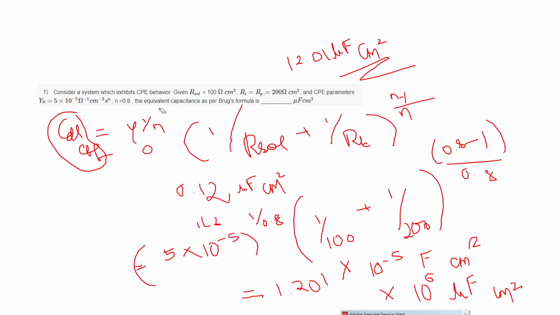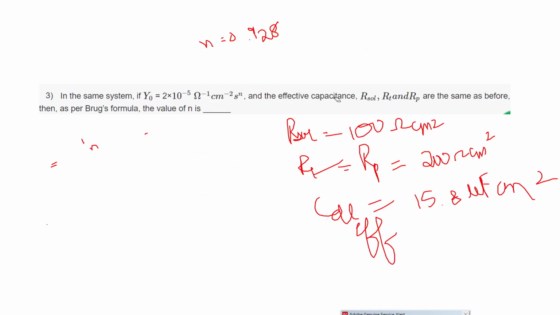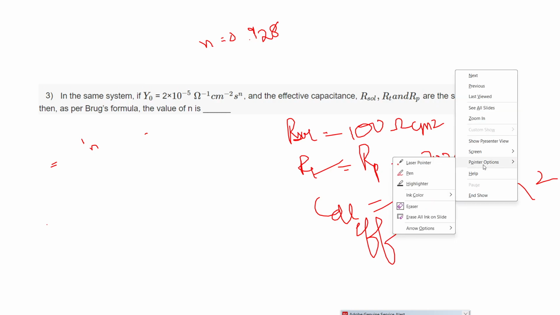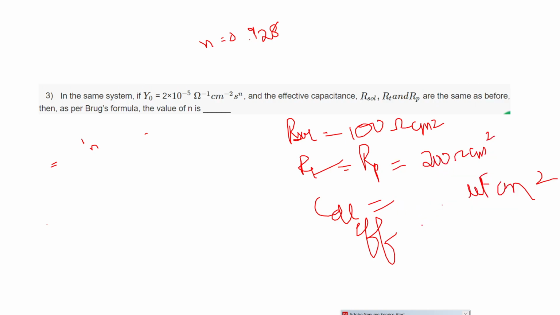And here the effective CDL value is 1.201 into 10 to the power minus 5. So what I wrote over here is wrong. I wrote 15.8, but that's wrong. Why? Because they have asked with respect to question 1. In question 2, we are using Sue and Manfield.